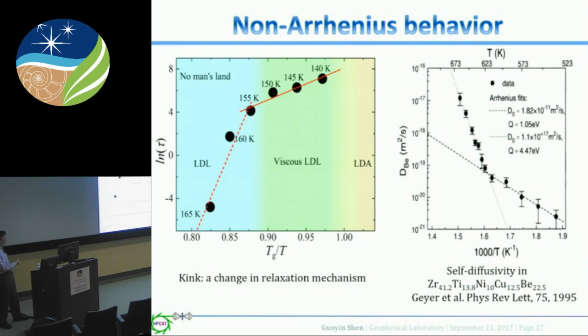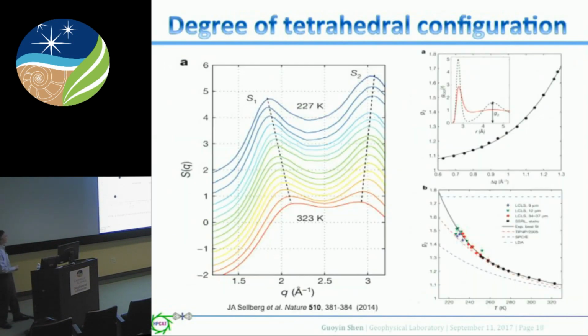So why do we call this a low density liquid? Of course, the information is from structure. This is the next subject, because we can measure the structure, so we can address this question. This is a plot from a recent publication by Selberg.